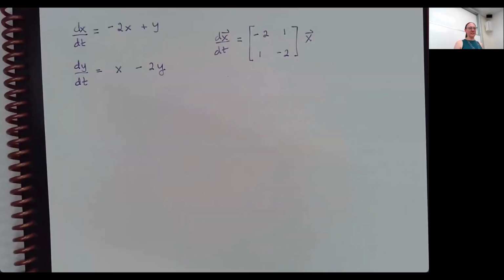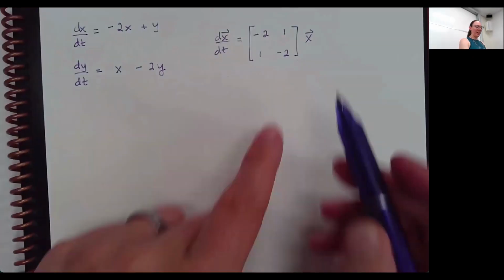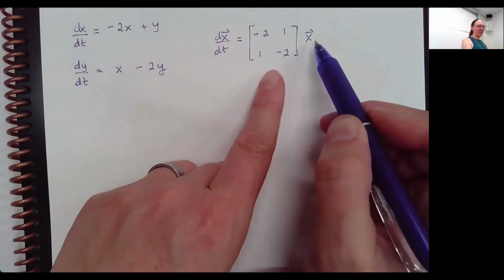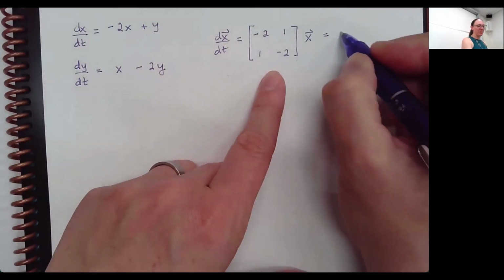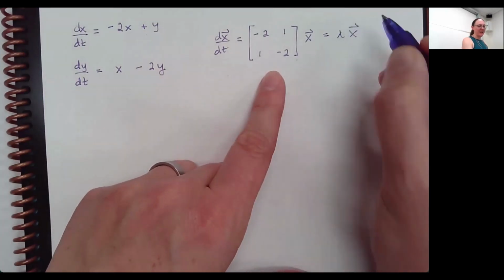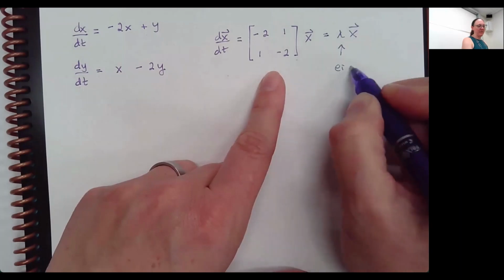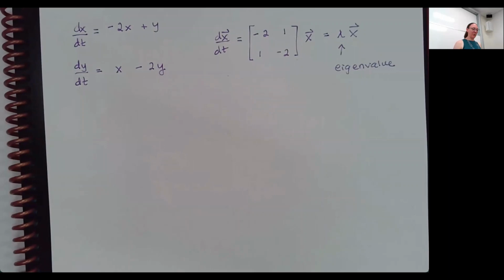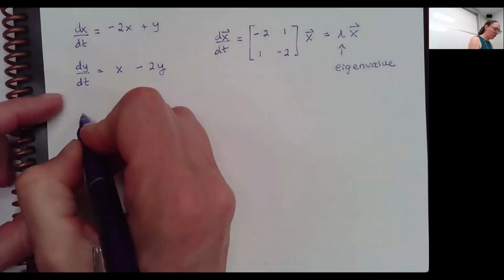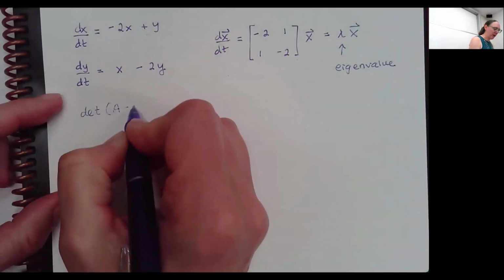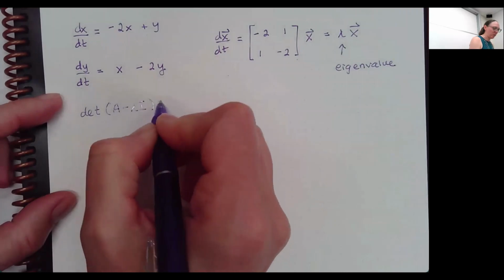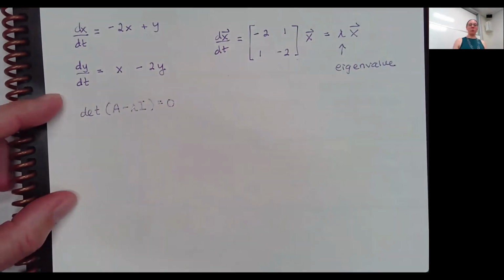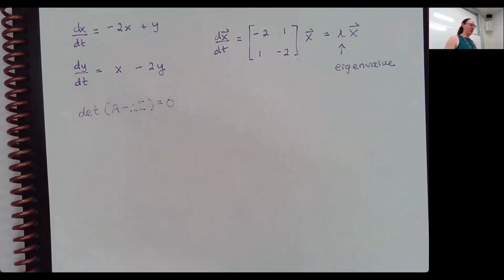And the whole idea is that multiplying a matrix times a vector is equivalent to multiplying the vector by a constant if that lambda is an eigenvalue. So we're going to find those eigenvalues by looking for the determinant of A minus lambda I and setting that equal to 0. So I'll walk through this first one and then I'll give you more for practice.